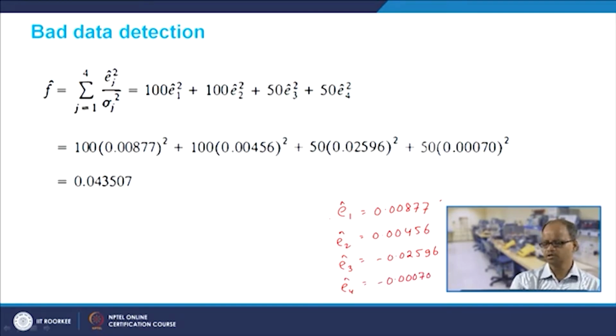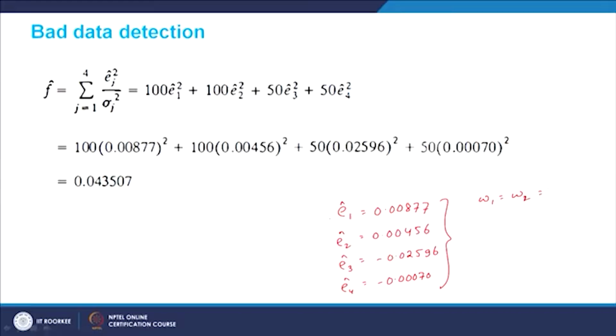So these were the estimated errors in the first case, and we have also said that our weights were W1 equal to W2 equal to 100 and W3 equal to W4 equal to 50, which we have already taken.